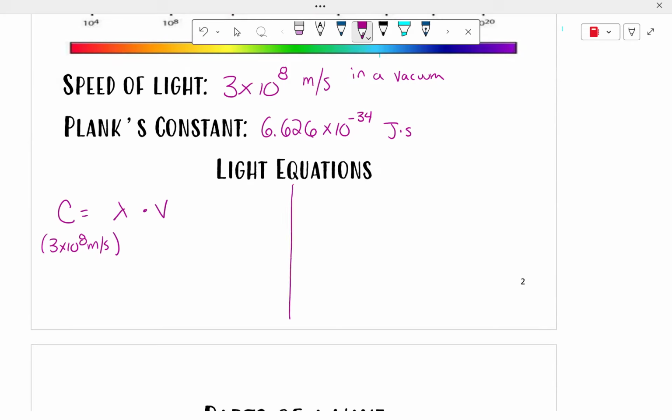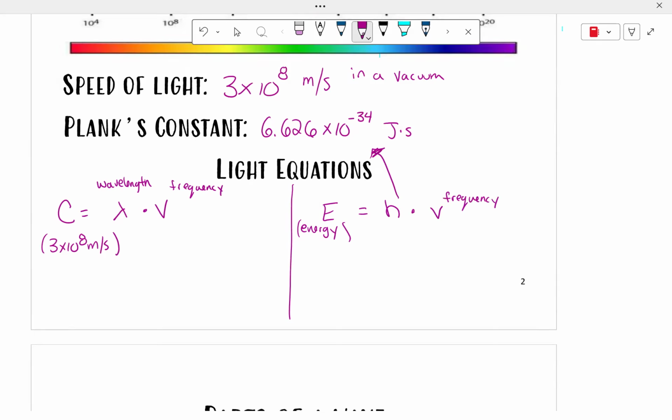And then we're also going to have that the energy of the wave is equal to Planck's constant times frequency. So here we have that number, again that's a constant, and then this is again frequency.